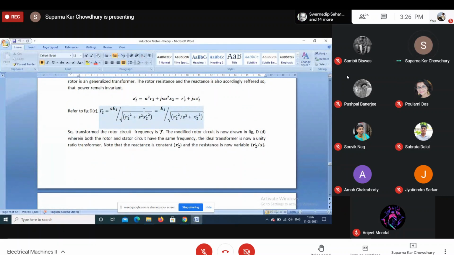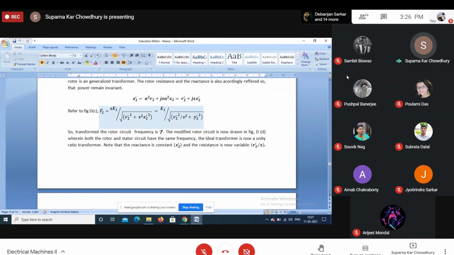Here the frequency is SF, but in this equation you can see that by manipulation we have changed the circuit. Here the circuit was such that this inductance portion was variable, and this induced EMF was also variable, but by manipulation we have got this equation which will give the same magnitude of current.